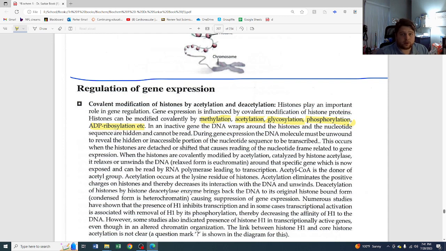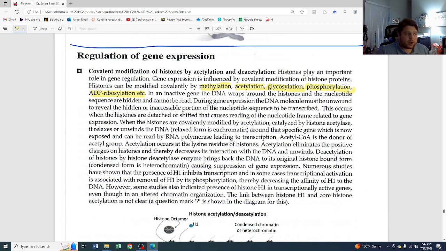Remember when we talked about things binding to proteins, you can have changes in the shape of the proteins. And that's what's happening here. When the histone gets something bound to it, its shape is going to change, and it's going to essentially release the DNA, or it's going to slide up to a different part of the DNA to reveal the gene code that is then going to be read.